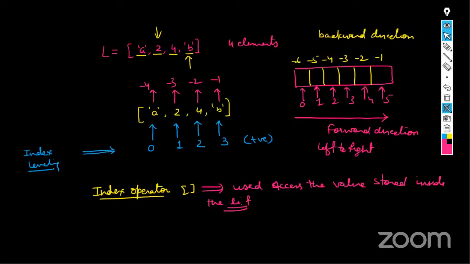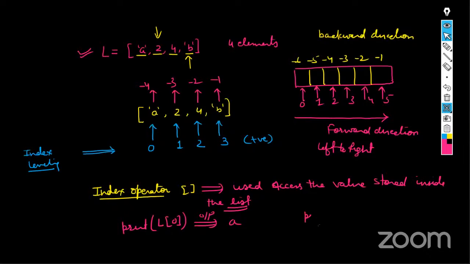What I'm trying to say over here, guys, let's say if the name of the list is L, and I write print L of 0 location, the output will be the element stored at 0th location, that is A.